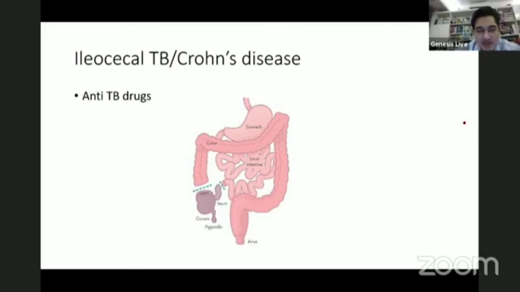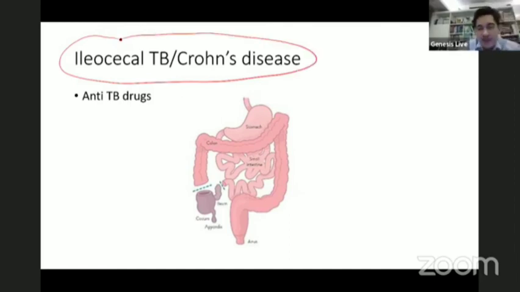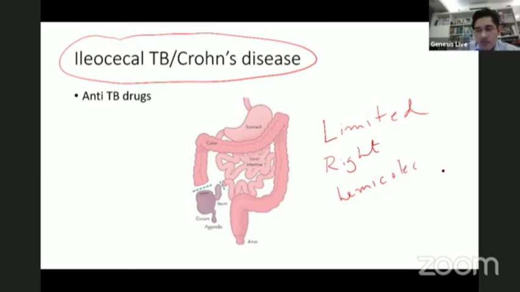Now, the difference between the surgery of an ileocecal TB or Crohn's disease and the surgery of a carcinoma cecum is that in the case of TB and Crohn's disease, it is a limited resection. We say a limited right hemicolectomy, or a limited resection.